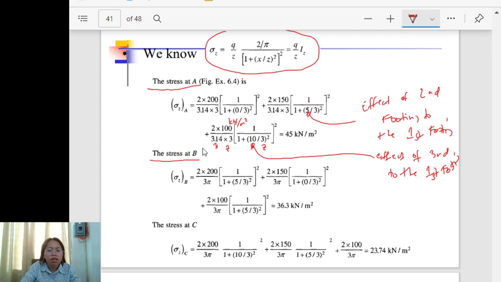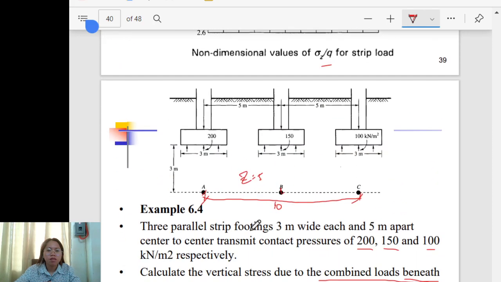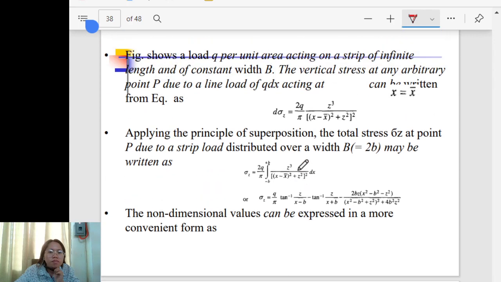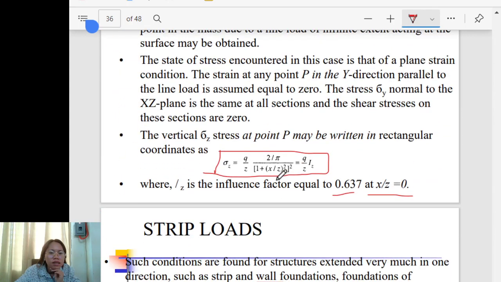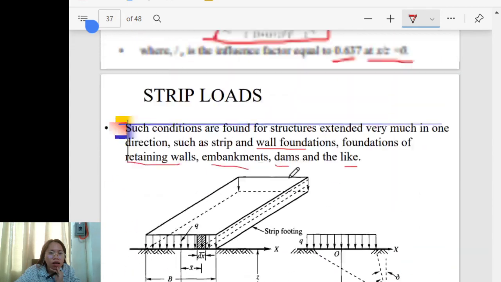Well, for the stress at B, it changes again. It will be 5 here again. When you get to the second term, it is 0 here. Then, when you get to the third, it is 5 again because your basis here is the second footing. Stress at B, second footing, the one in the middle. Because the x is the distance, no? The distance of the footing.